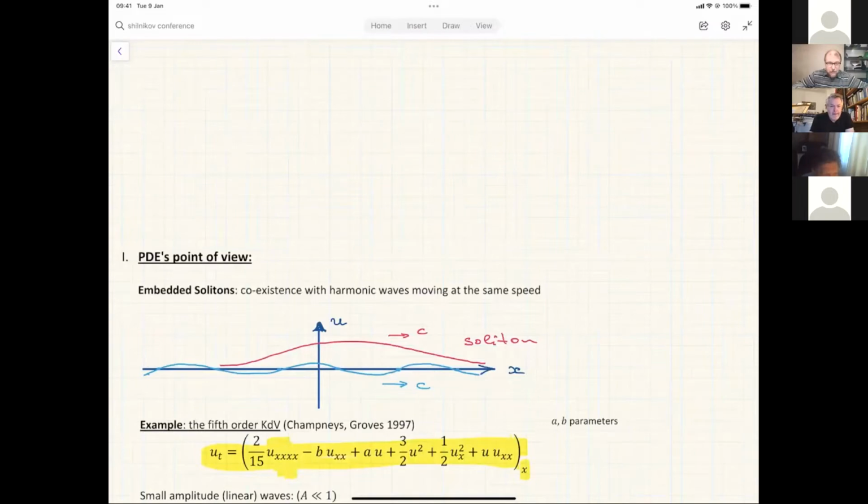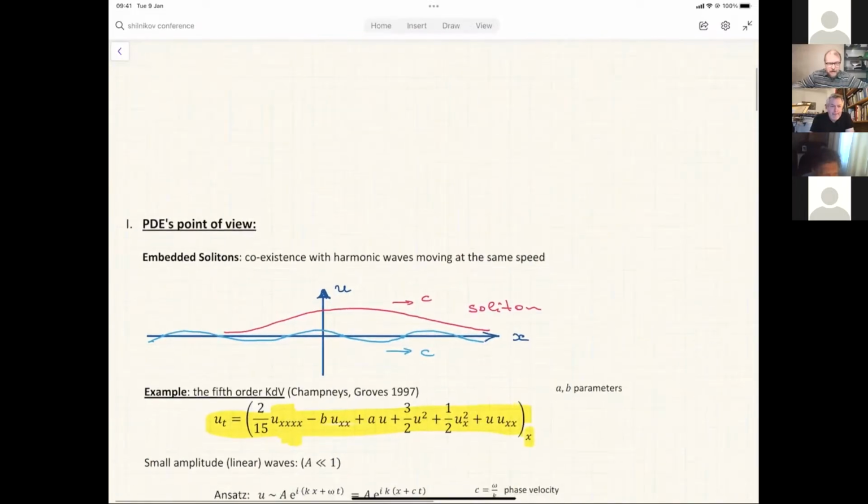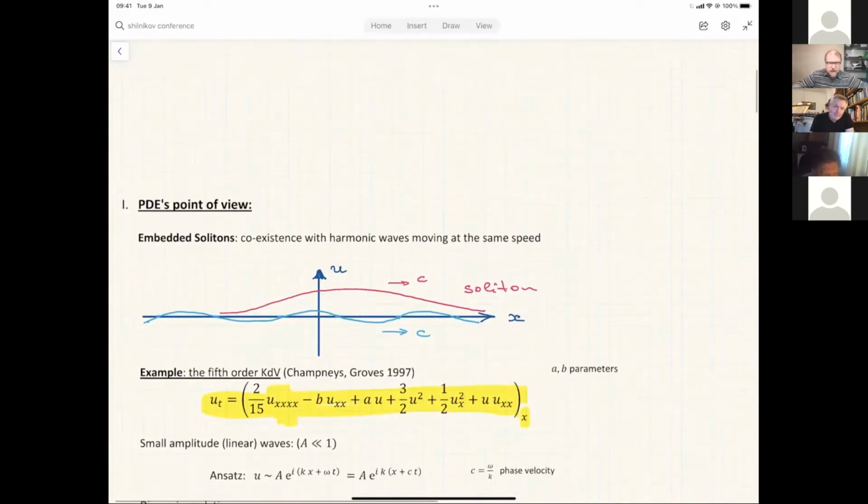If we look at the small waves which can propagate in this equation, we can substitute instead of u some constant a, the amplitude, times the exponential, which describes the usual harmonic wave which moves in space with a phase velocity c.